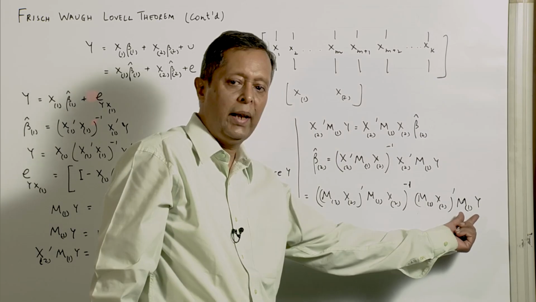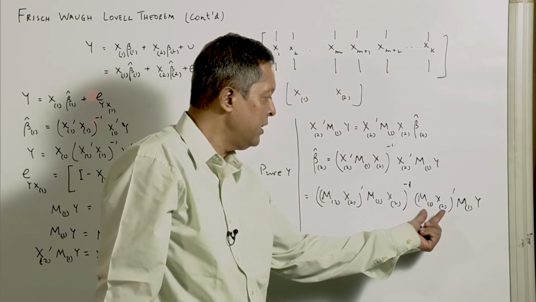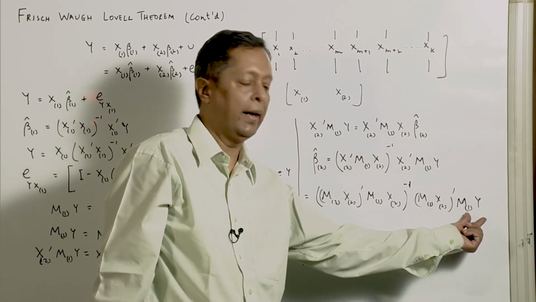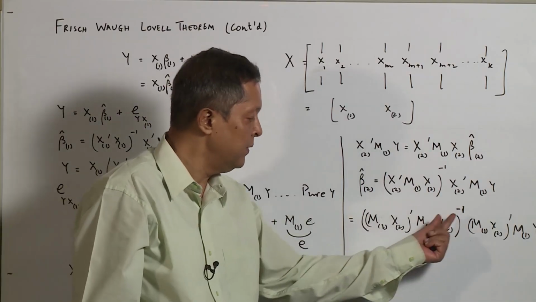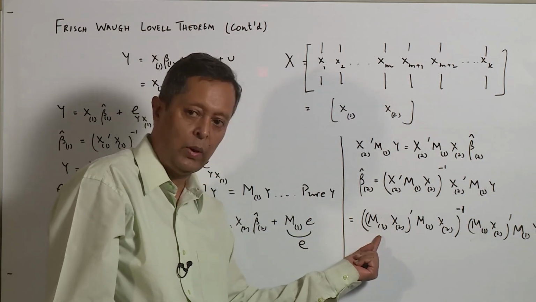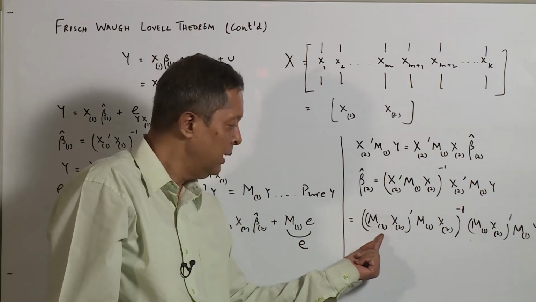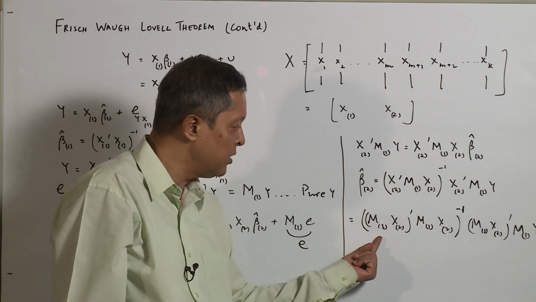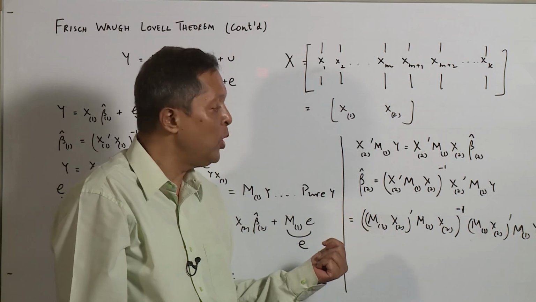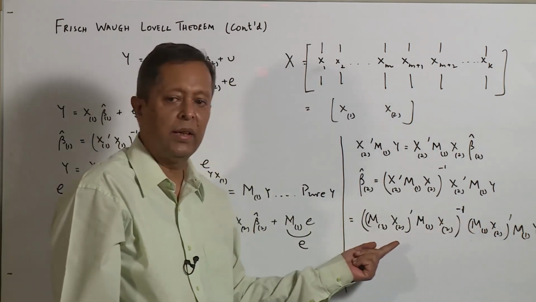What is M1 y? It is pure y. What is M1 x2? Pure x2. So, this is like x' y. What is this x'? It is x2 purified of the effect of x1, because you are pre-multiplying with M1, the residue creating matrix. So, how did you get beta 2? You got beta 2 by regressing pure y on pure x2.